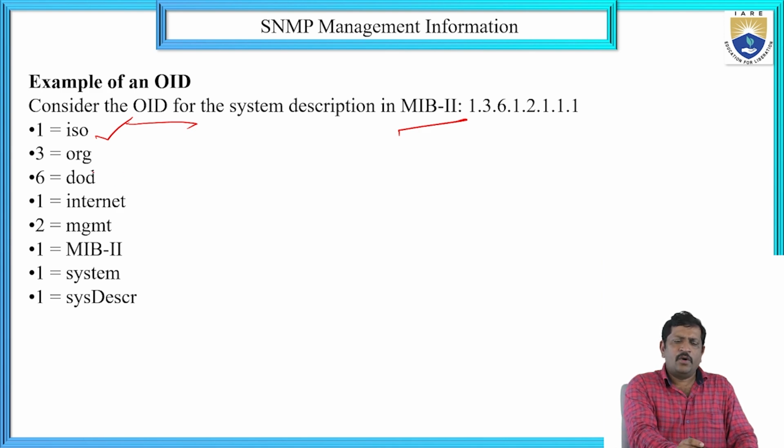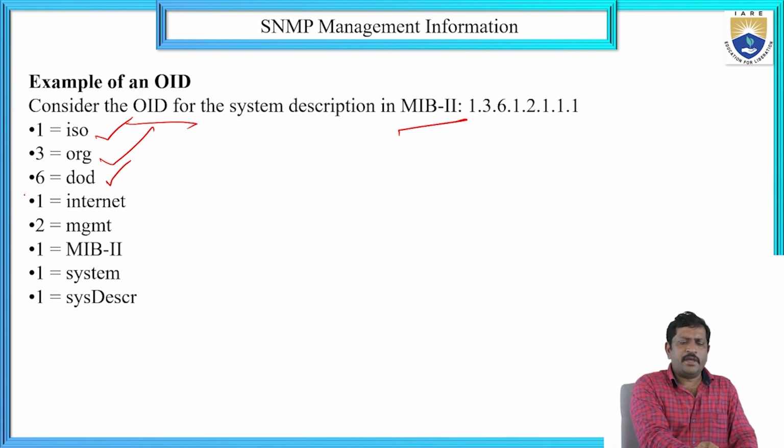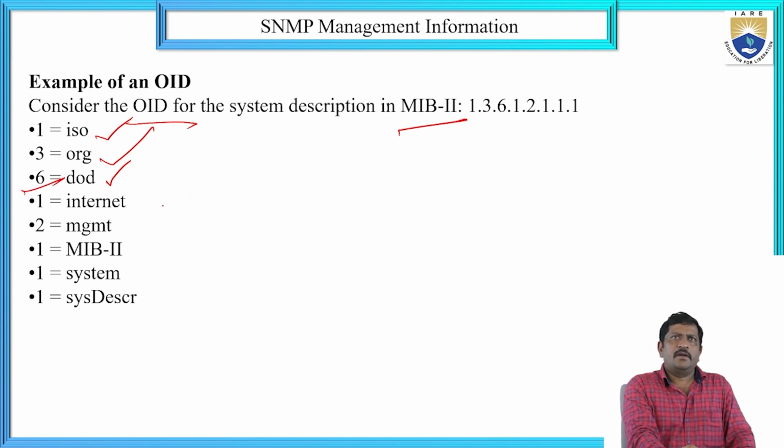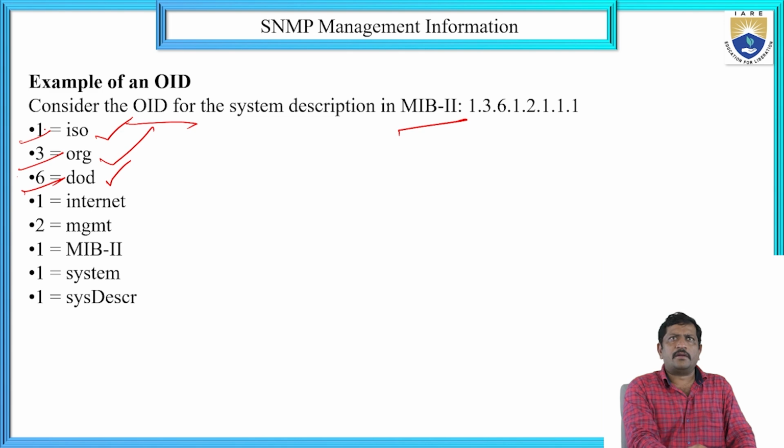Dot 3 is the ORG domain, meaning ORG domain related information can be stored. And DOD related information can be stored; for that, the identification number is 6. The .org identification number is 3. The ISO identification number is 1.